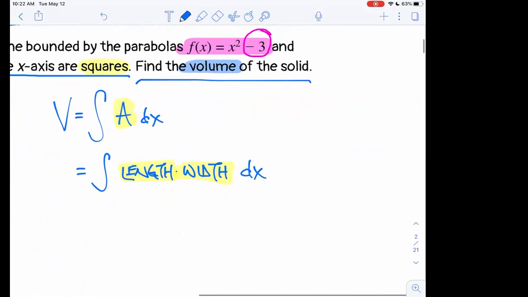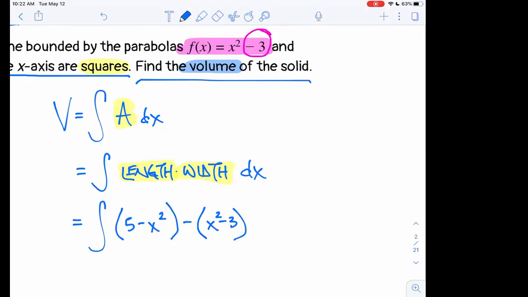So what I mean by that is I will say the integral of 5 minus x squared, okay, minus x squared minus 3. And that together will give me the length.